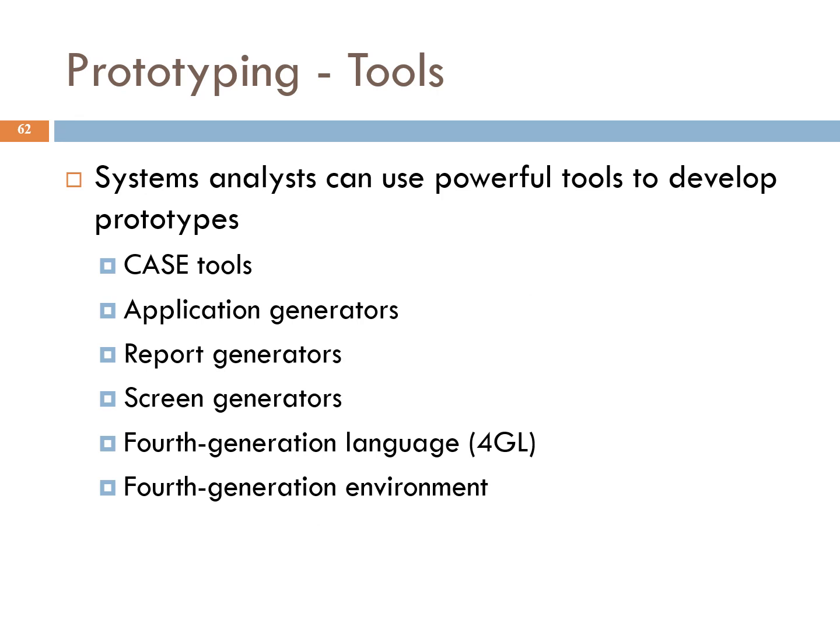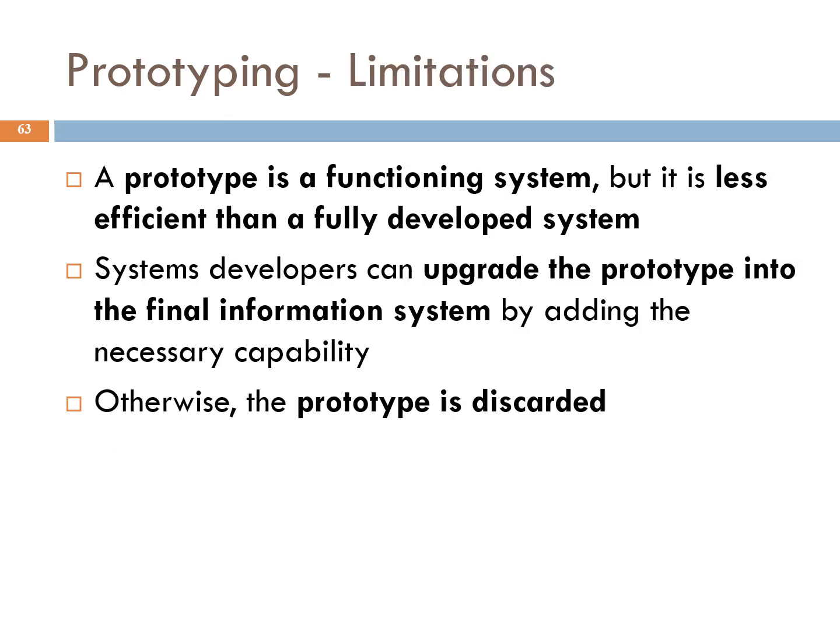The tools that system analysts use to develop prototypes are listed here. These are various tools that can be used to produce prototypes. The limitation of a prototype: it is a functioning system, but less efficient than a fully developed system. That's why it is called a prototype.